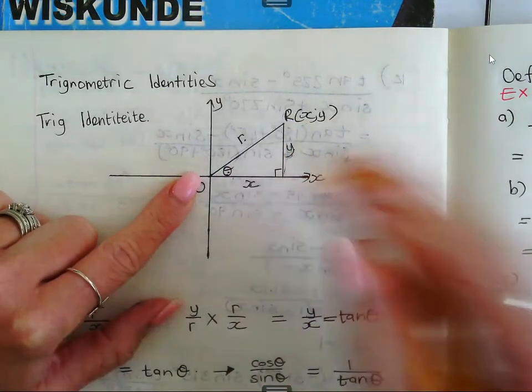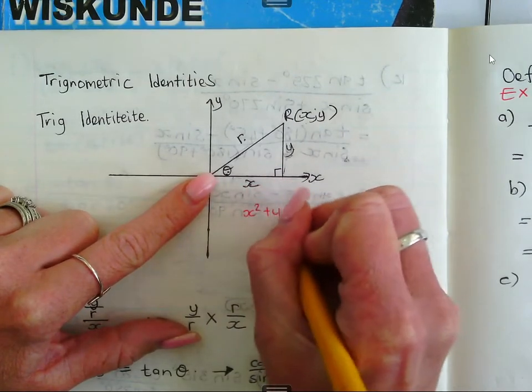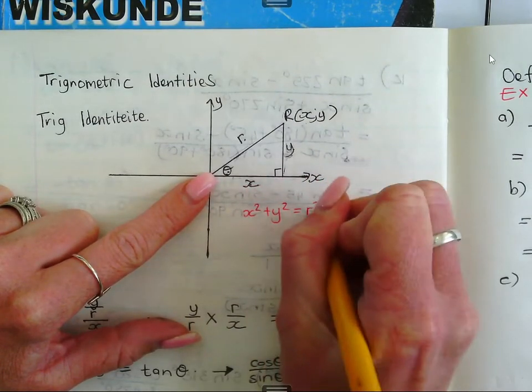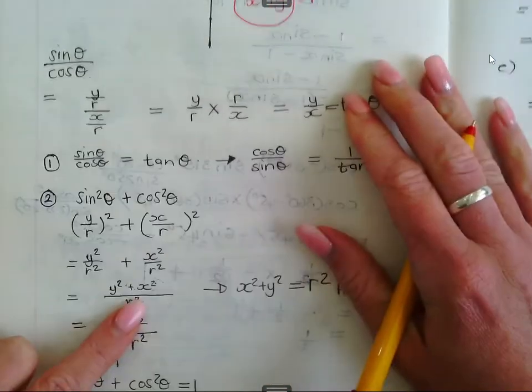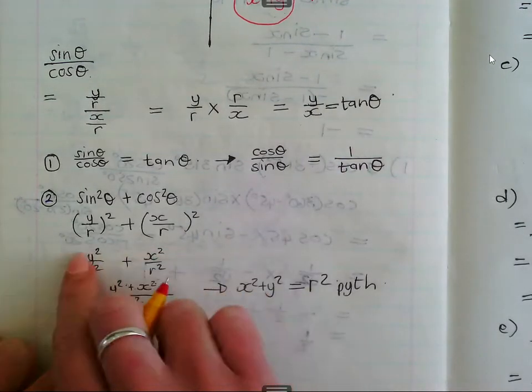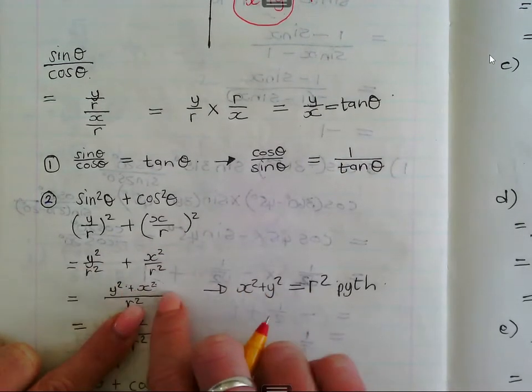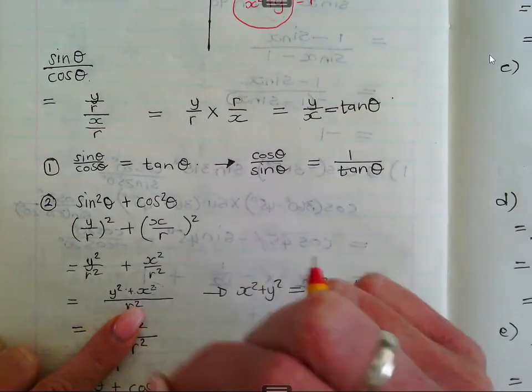Writing this down would be x squared plus y squared is equal to r squared. Now this x squared plus y squared is exactly what I have there. I got that from there. So y squared plus x squared is r squared because of Pythagoras.